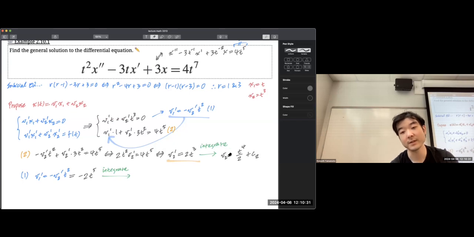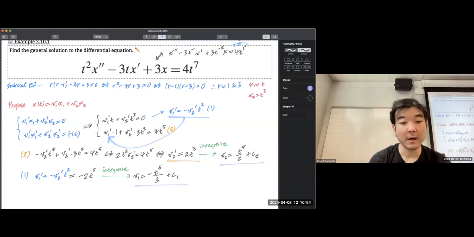I'll use C2 for this because this is for the V2 term. And this one is going to integrate to negative t to the 6 over 3 plus the C1. And so now you've got your V1 and V2.